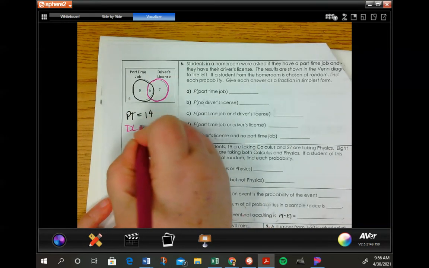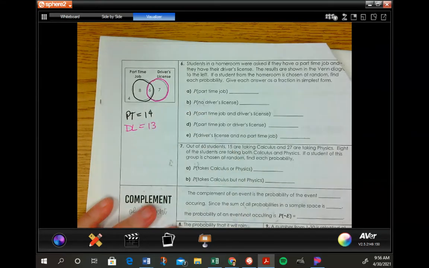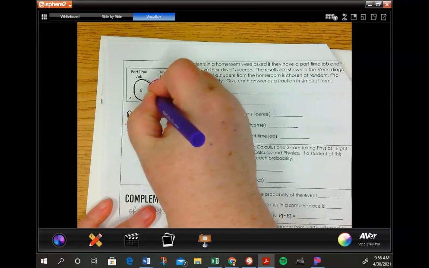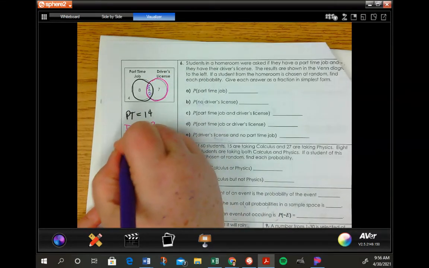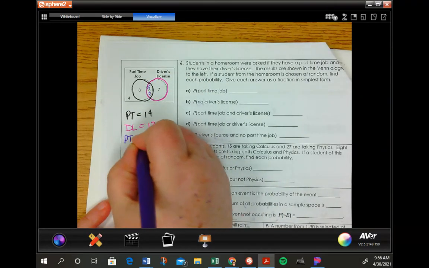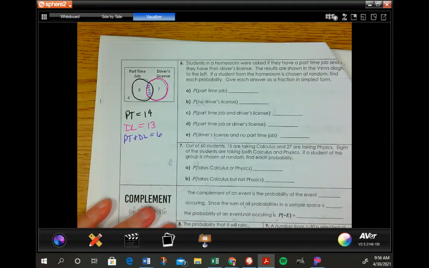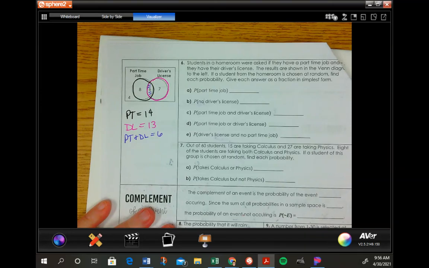Driver's license, we had 13. Look in the purple right here, where I'm shading, part-time and driver's license equals 6. So how many altogether?